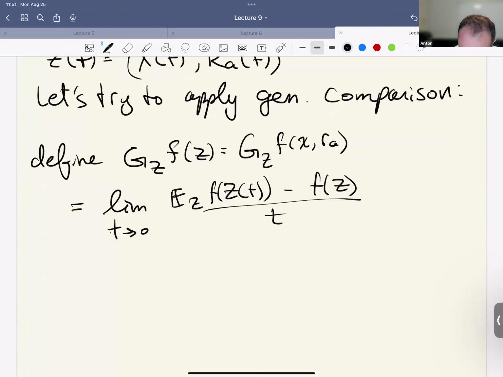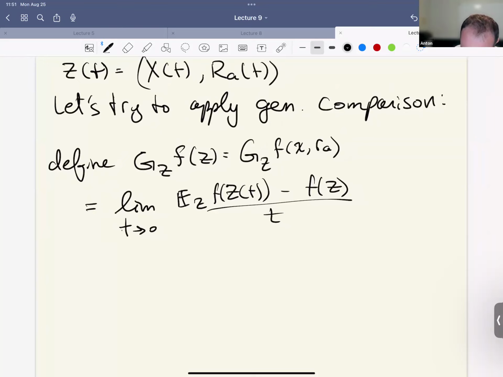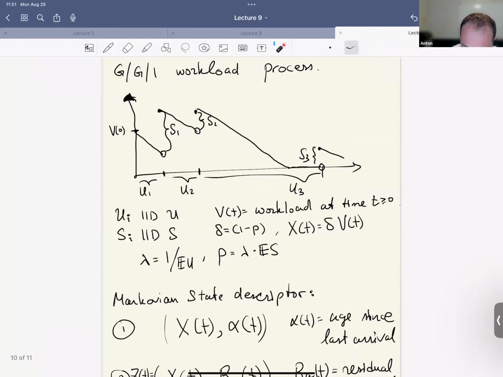Now I want to be a little careful with the state space. So I want to take z, this is x, r, a. Now, what is the state space allowed to be? The workload can be non-negative, but the residual arrival time, let me just look at the picture I drew. I drew this process as being right continuous with left limits. The residual arrival time also decays. It hits zero exactly when an arrival happens.